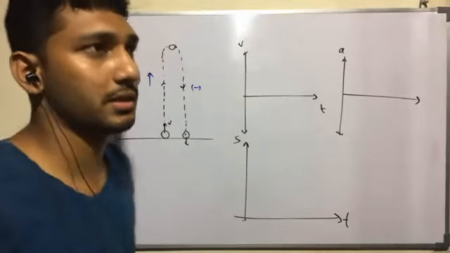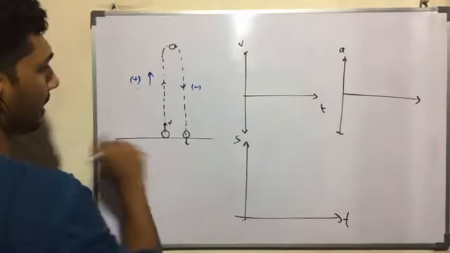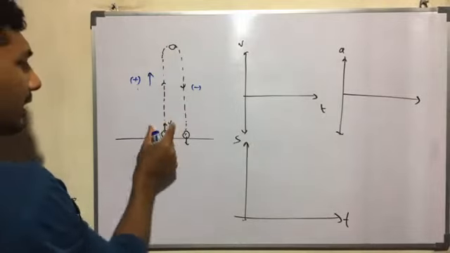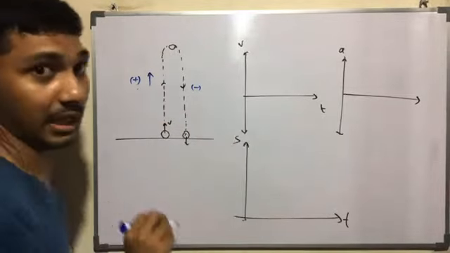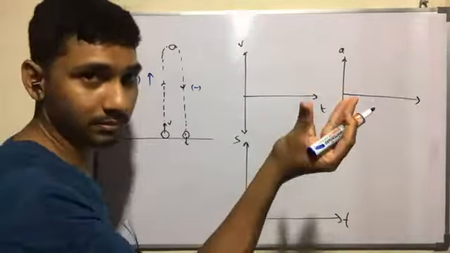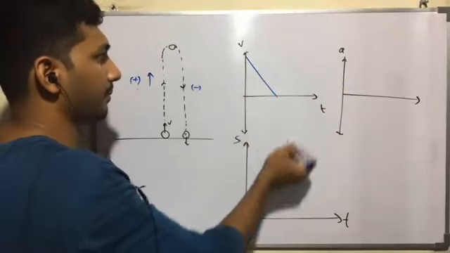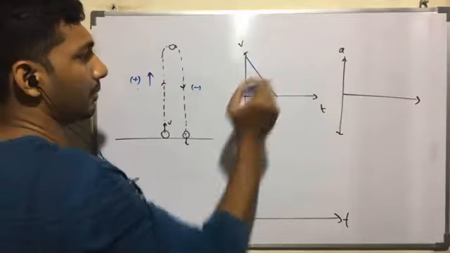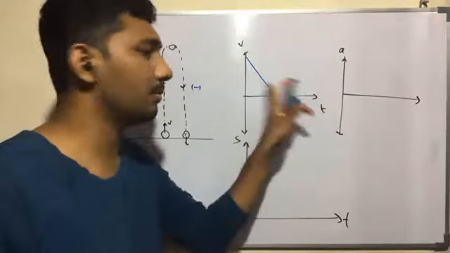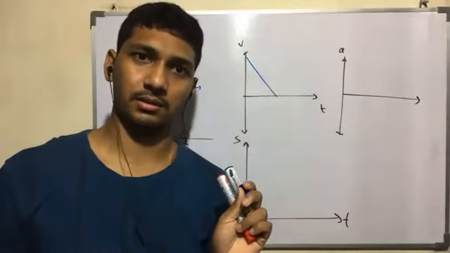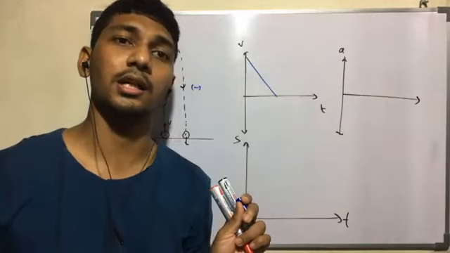Okay. So first of all, let's try to draw this. So this v has a value initially. We are throwing now, and then it becomes zero. So you will draw it like this. From a value, it will come down like this. It is a uniform deceleration, not a curve.